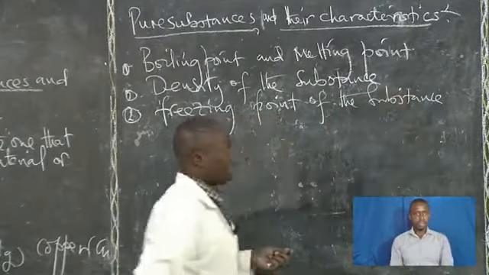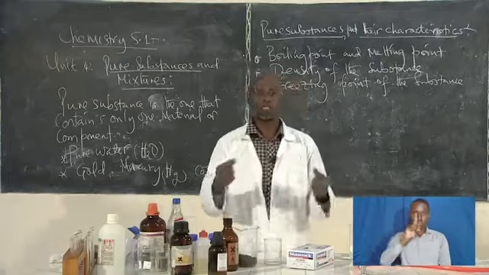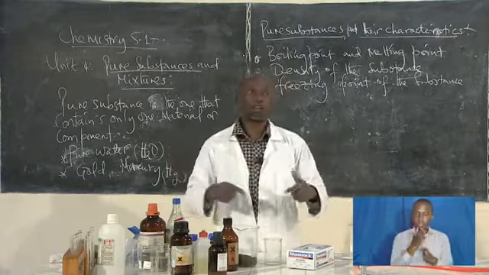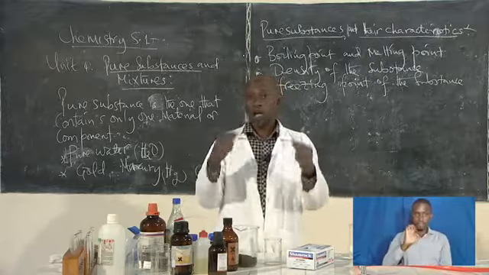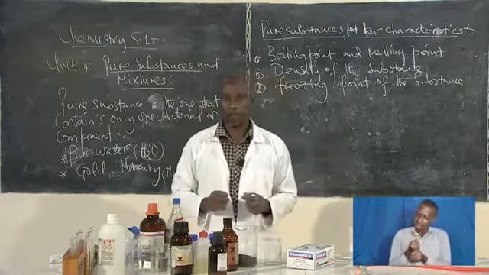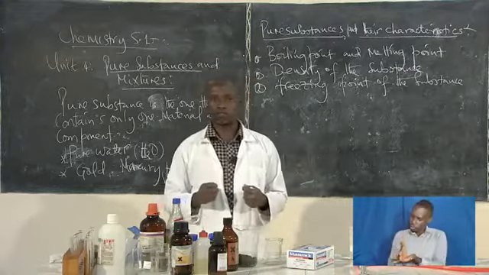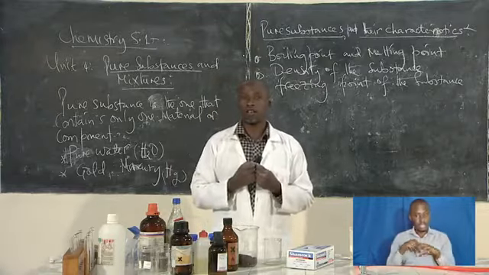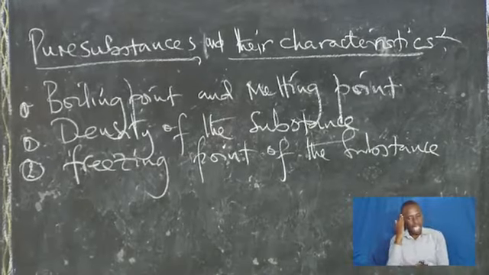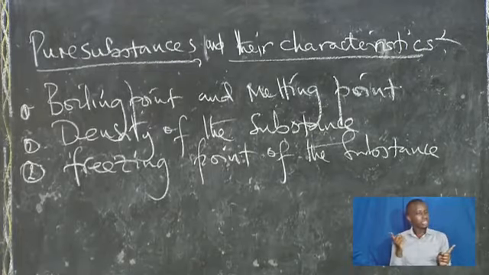If the substance is a liquid, then you can also determine the freezing point, because liquid substances also have definite freezing points. So that is how you can tell that this is a pure substance. But in nature, as I said, it is very difficult to find pure substances. Though they exist, it is very difficult to find them.